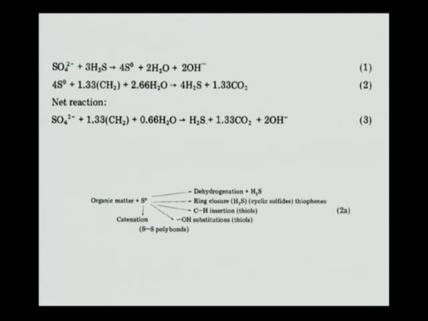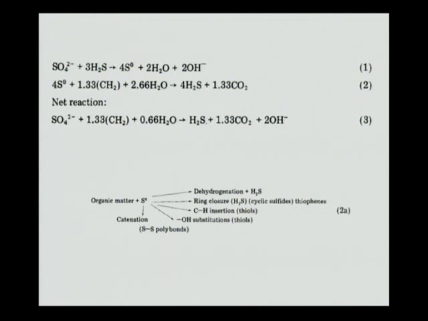So instead of these very long schemes normally written, this is a condensation of that idea, and here is the overall reaction: sulfate plus organic matter plus water produces H2S, CO2, OH.